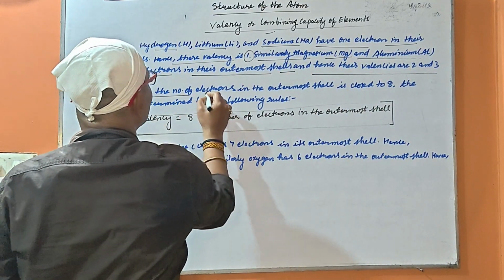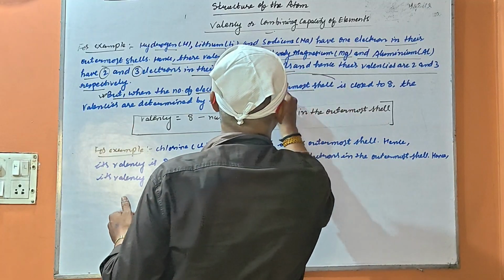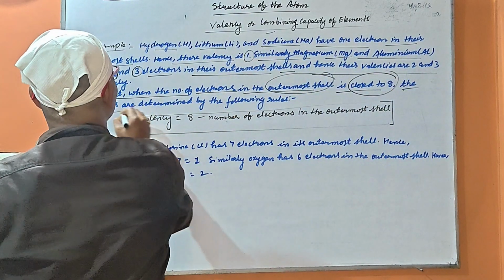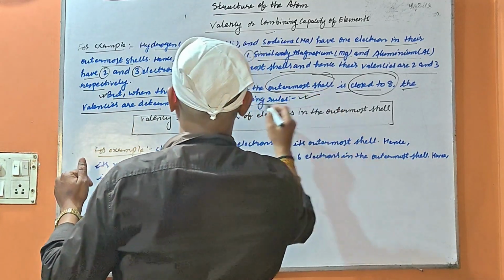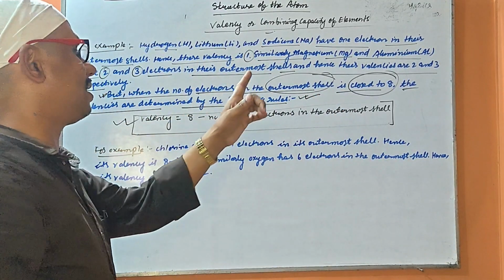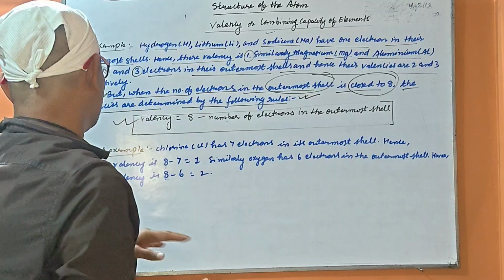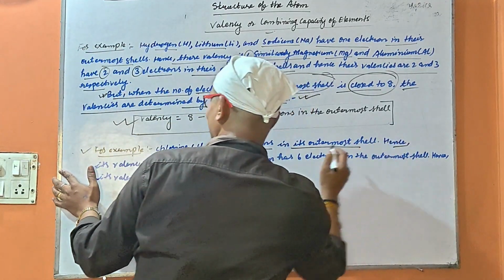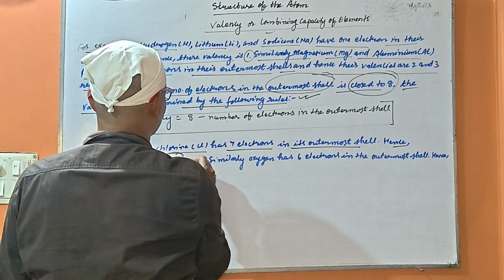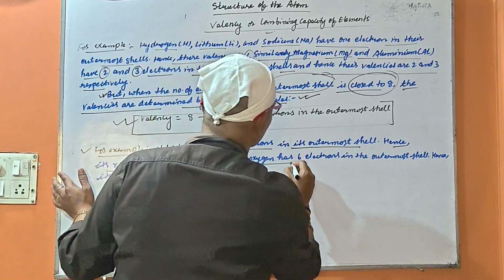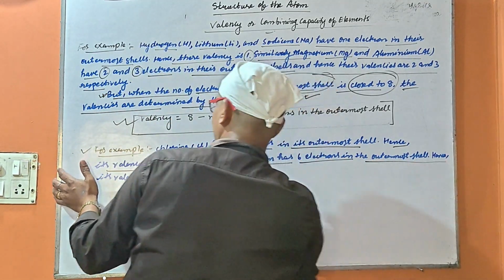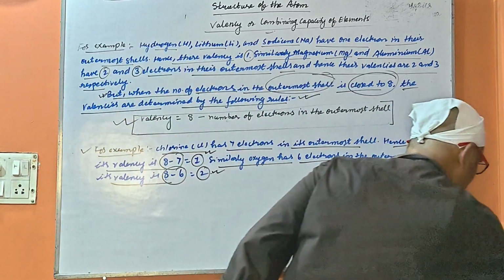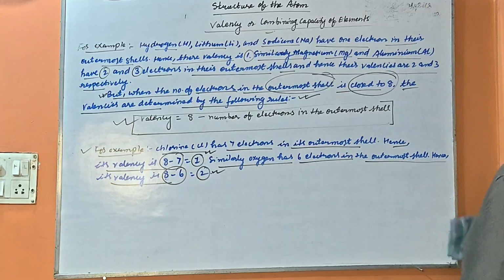But when the number of electrons in the outermost shell is close to 8, the valency is determined as follows: valency is equal to 8 minus the number of electrons in the outermost shell. For example, chlorine has 7 electrons in the outermost shell, hence its valency is 8 minus 7 is equal to 1. Similarly, oxygen has 6 electrons in the outermost shell, hence its valency is 8 minus 6 is equal to 2. So this is the thing you have to keep in your mind.